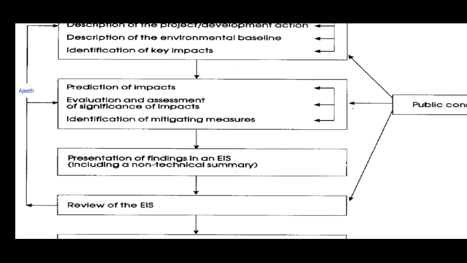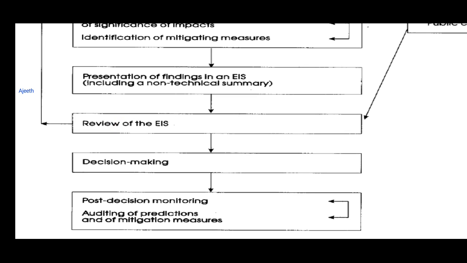And after that we need to do something called the EIS, right? The environmental impact statement has to be written out, including a non-technical summary so that everyone can understand. After that, the review of the environmental impact statement has to be done.